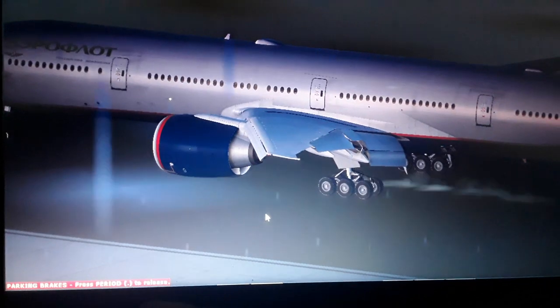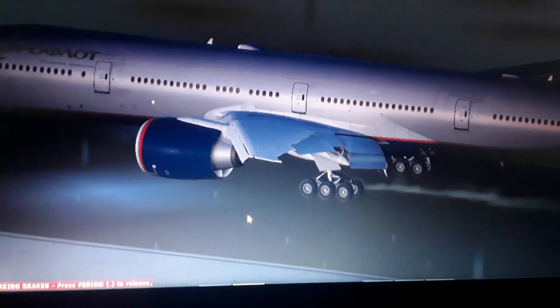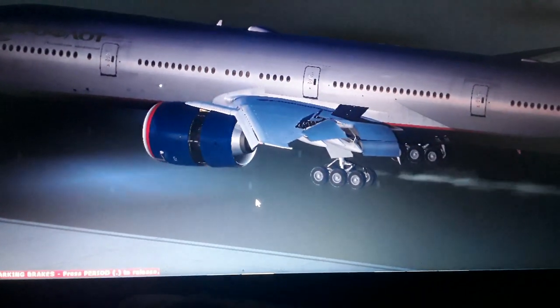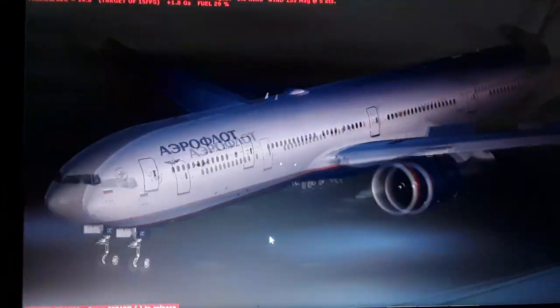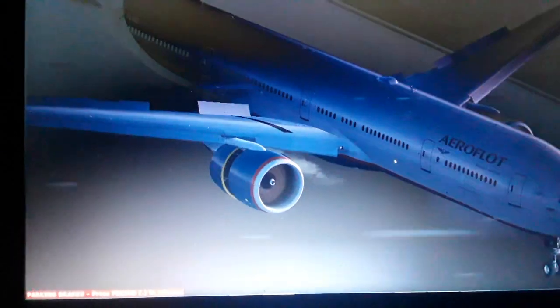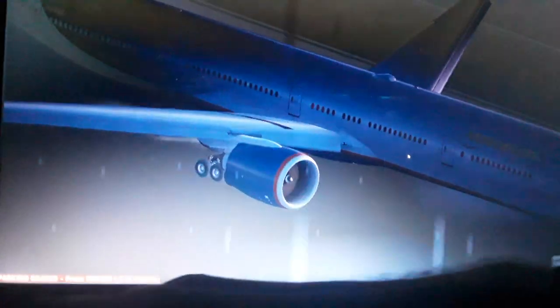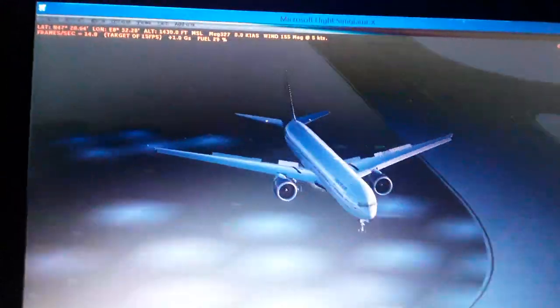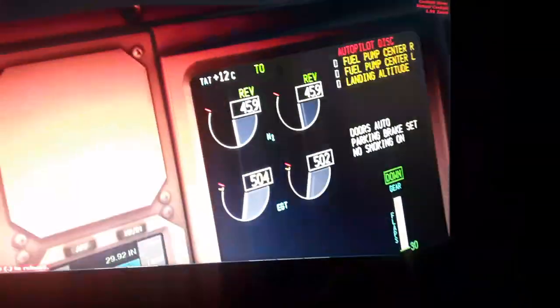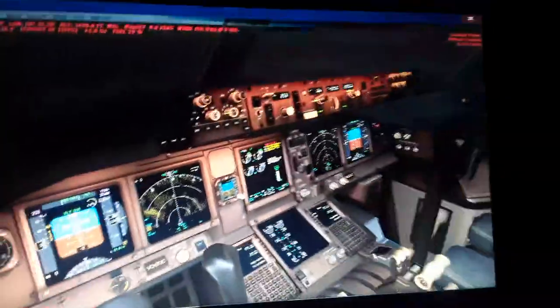You can deploy again like this. You can see also the forward side of the thrust reverse. Retract and extend like this. So this is going to be used after touchdown, not in flight or in a rejected takeoff.